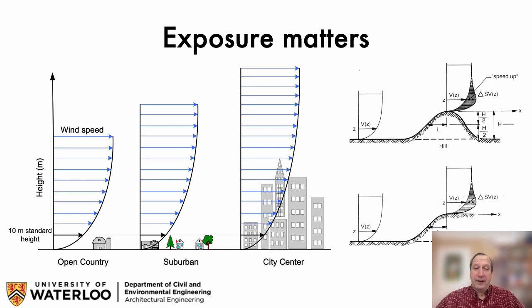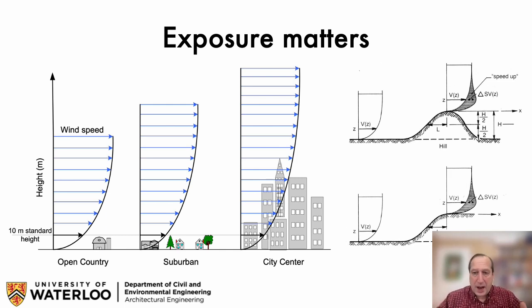Another factor that becomes closer to the site is things like, are we locating the building on, let's say, the top of a hill or an escarpment? And the wind engineering allows us, in the upper right, to calculate how much the wind speeds up relative to the normal expectation when we look at a hill in the top right, or in the bottom right, what happens to be called an escarpment, where it's just a quick jump up, or a cliff is the extreme.